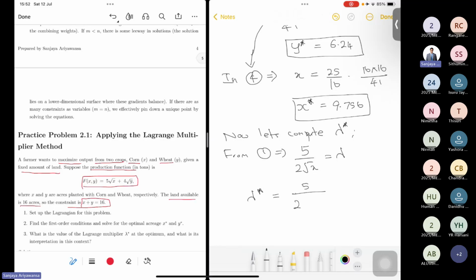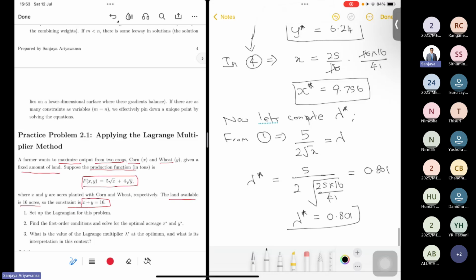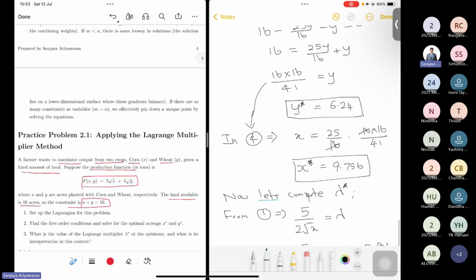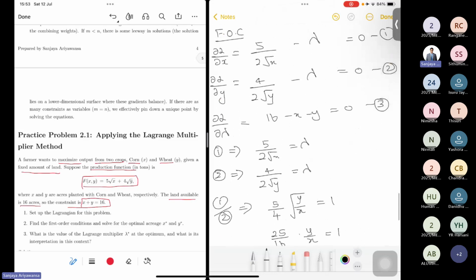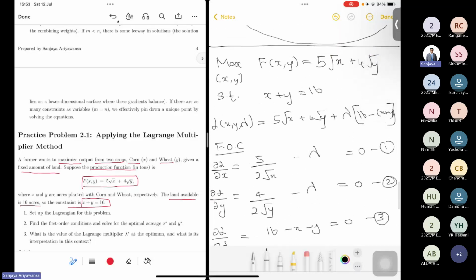X is, if I write it down, 25 times 16 divided by 41, the square root of this. You should get something like 0.801. So you should get lambda star to be 0.801, right? So this is how you go about computing x, y, and lambda for this given problem.